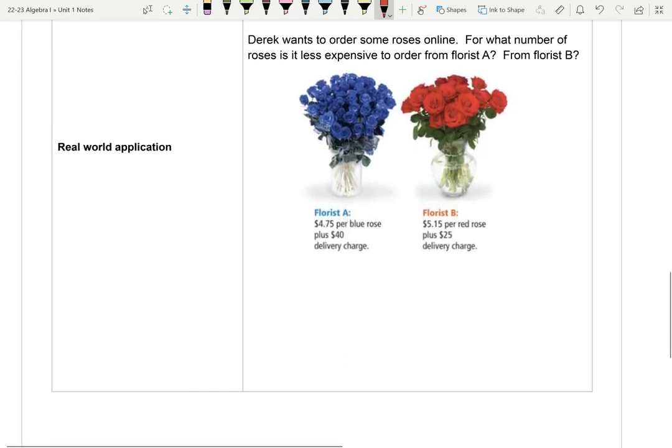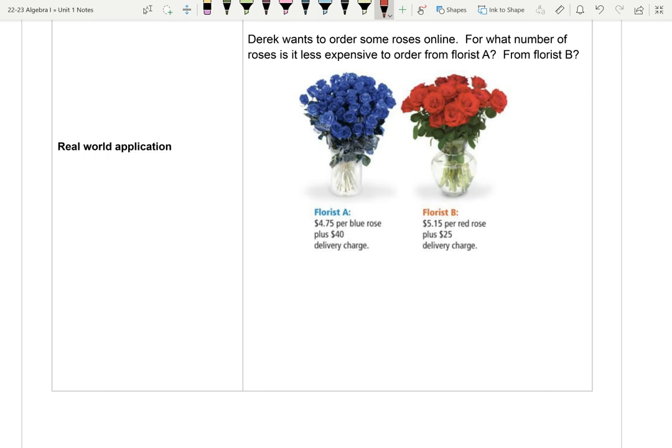Okay, the next we have a real world application. So Derek is ordering some roses online, and he wants to know if it's cheaper for florist A or florist B. So the first thing you want to do is set these equal to each other and see when they would be an equal amount, like at how many roses.